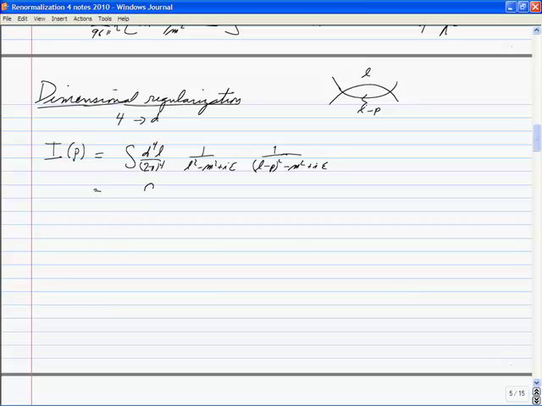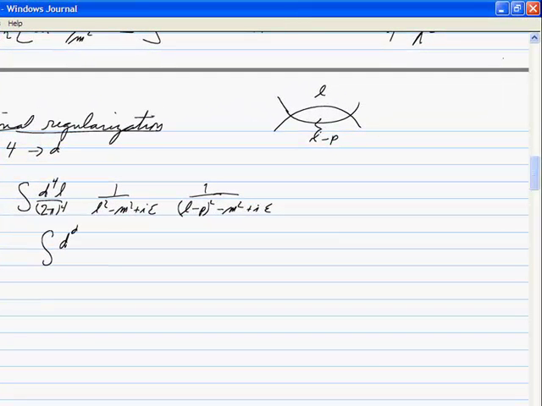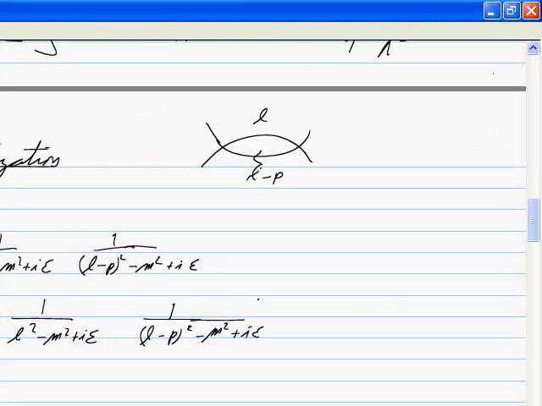We'll do it here. We'll make this integral d^dL over (2π)^d. This part will stay the same: 1 over L squared minus M squared plus iε, times 1 over (L minus P) squared minus M squared plus iε.